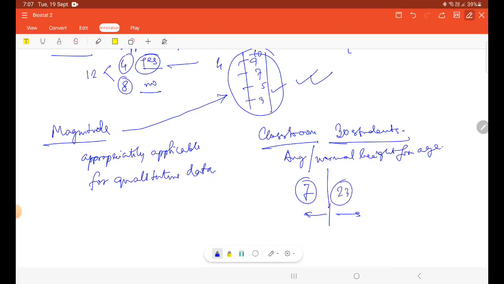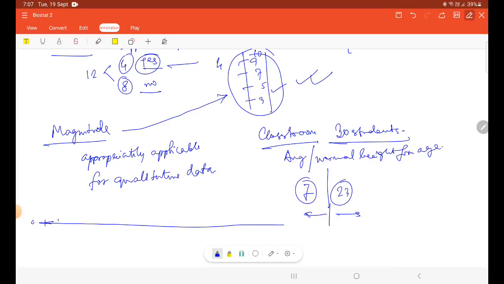So this is a qualitative distribution of data. Now you cannot put them in a grading scale. If you want to put them in a grading scale, you can measure their actual height, then put them on a scale. Say student number 1 is here, starting from 0.